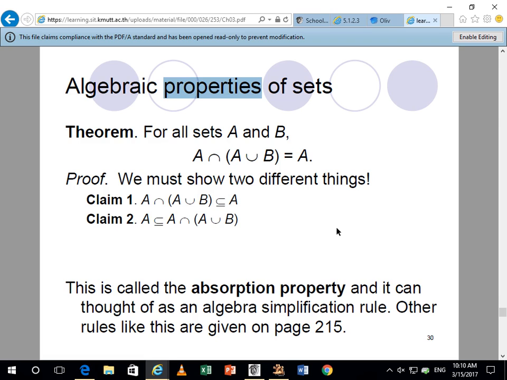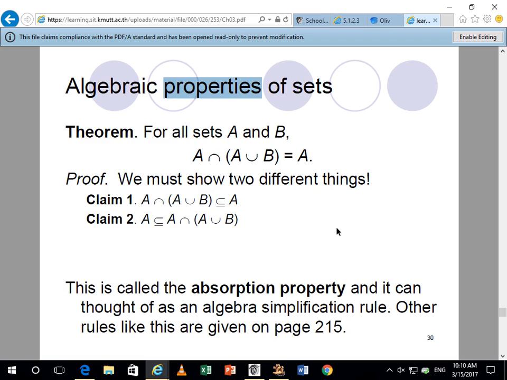We're saying this set is equals to A. That means this operation, when we take A union B, we got a set. And we take A intersect that set, we'll get A back. Only A. So that's what we're trying to show, so we'll prove it.